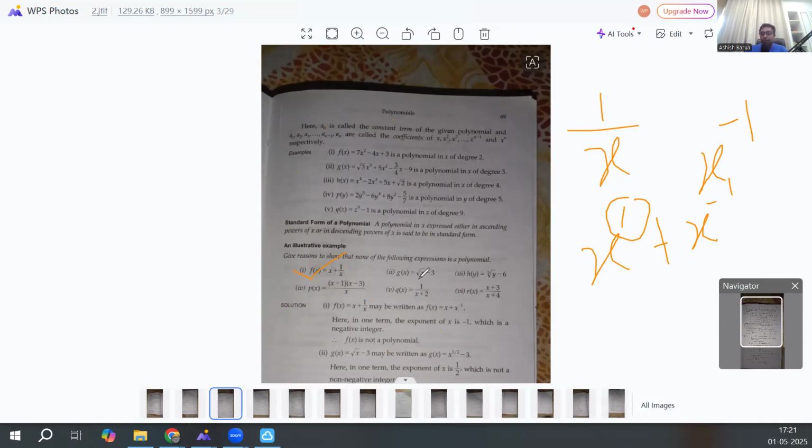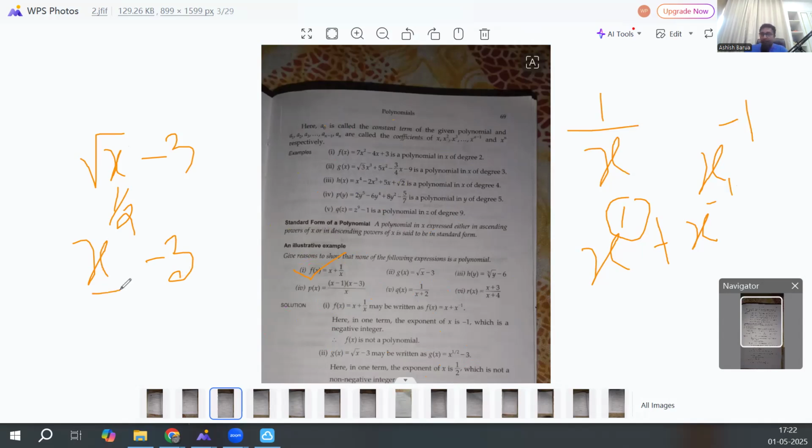Next, square root of x minus 3. Square root of x minus 3 means x to the power 1 upon 2 minus 3. This is again a polynomial, mainly a binomial, because two terms are there.